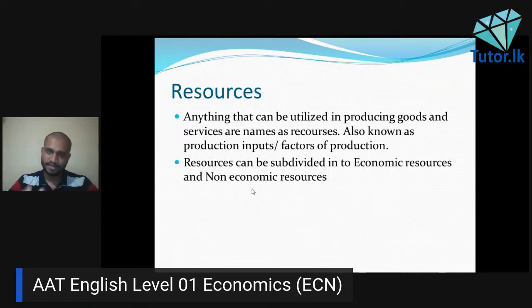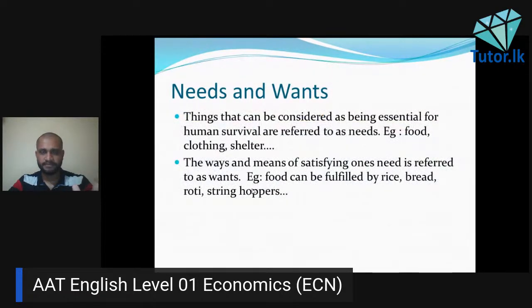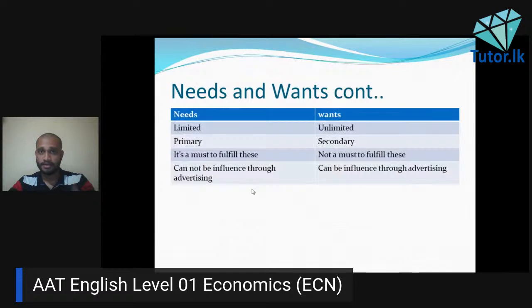The main classification of resources is, one, the economic resources, and the other one, the non-economic resources. Now we are going to look at the meaning of an economic resource and a non-economic resource. From the previous slide, we understand that any company or individual will have limited needs, but they will have unlimited wants.